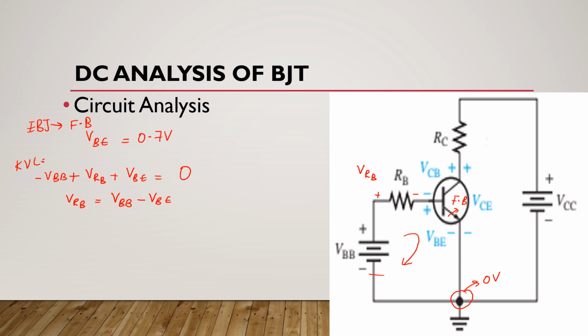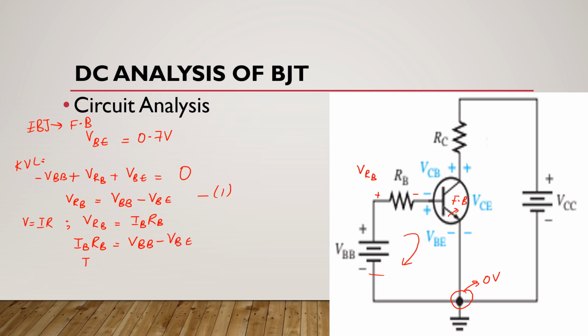From Ohm's law we know that V is equal to IR. It means here this VRB is equal to IB RB. So if we put this value of VRB in this equation number 1, we get IB RB is equal to VBB minus VBE.